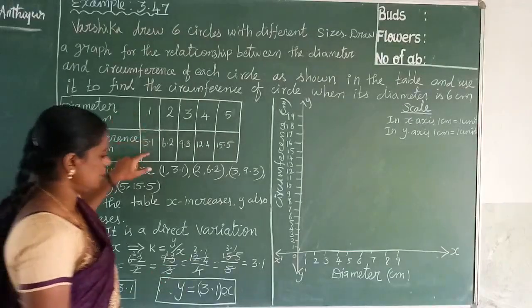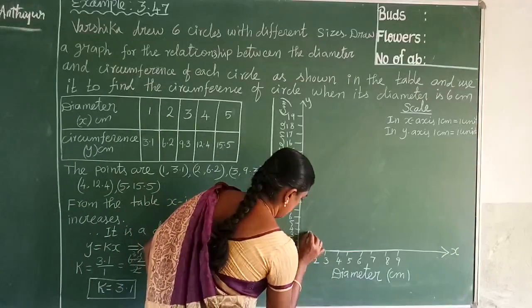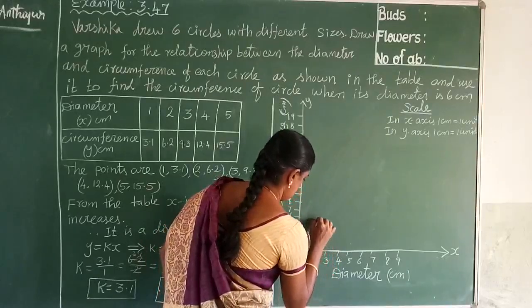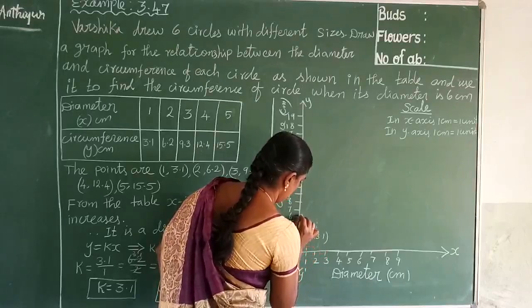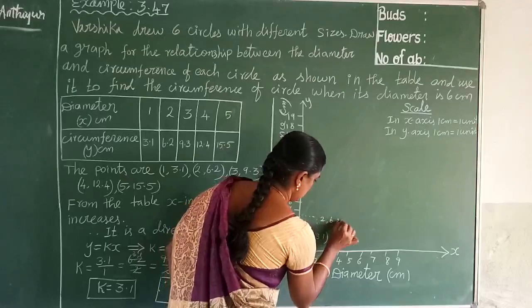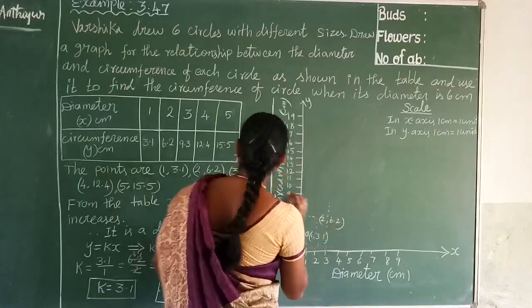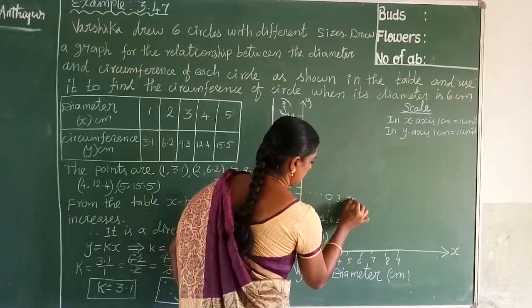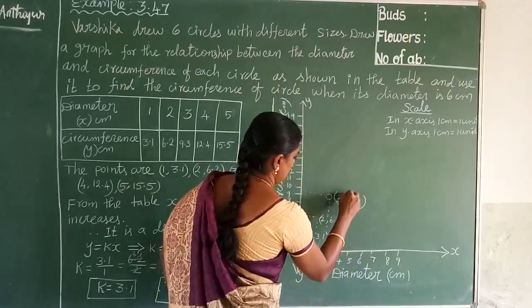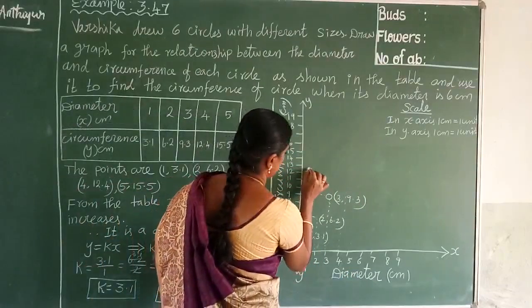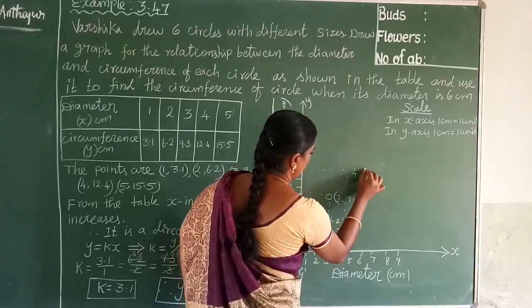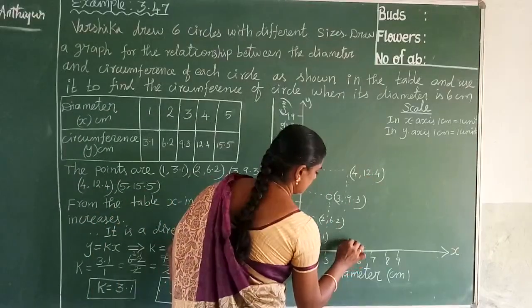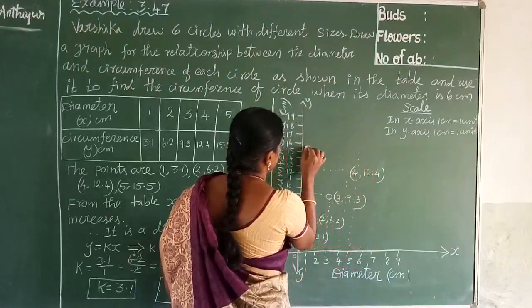So you mark 1, 3.1, and the next 2, 6.2, next 3, 9.3, next 4, 12.4, next one 5, 15.5.